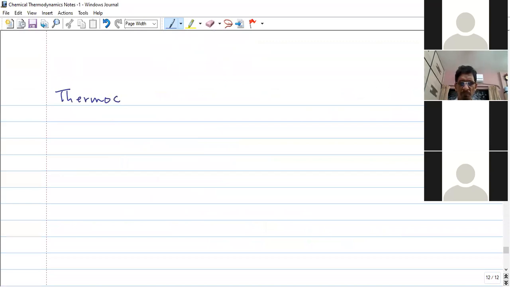ज्यादा करके सम्स इसी पार्ट पर आते. See, when a chemical reaction takes place, there is a change in enthalpy.